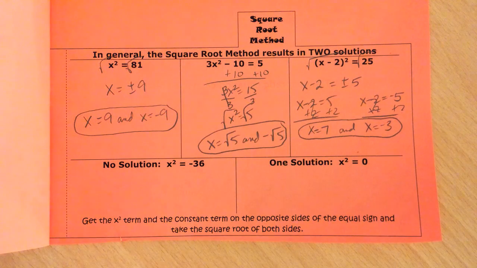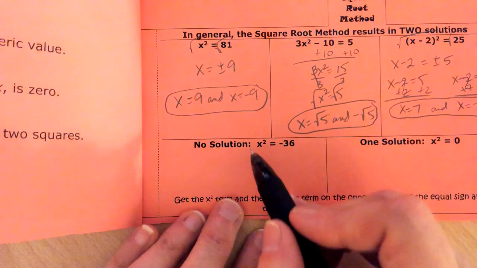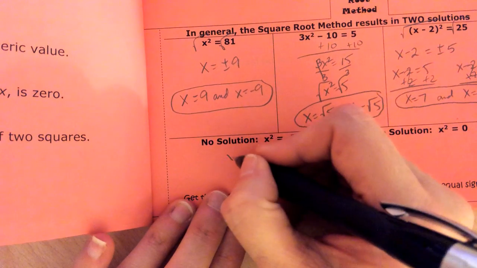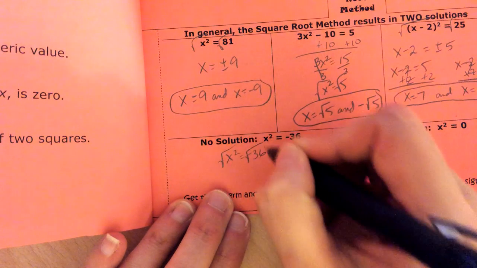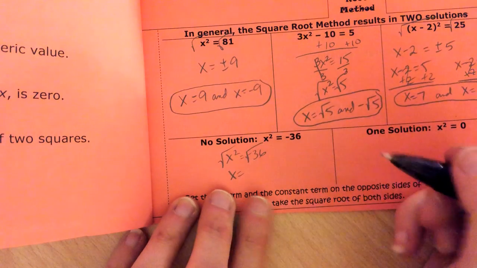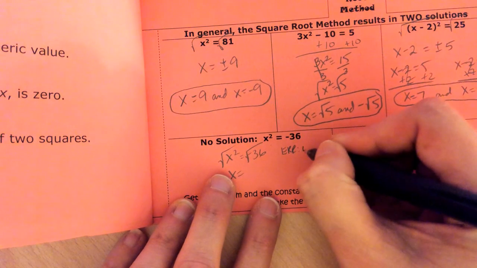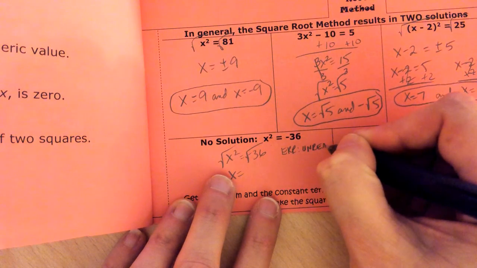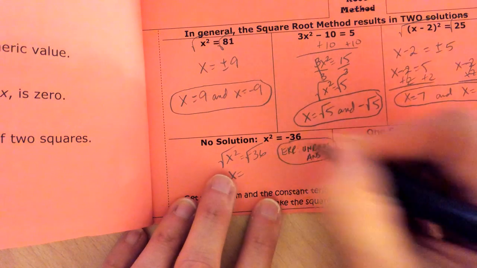Okay? Now let me show you the two situations where you might have no solution. Okay, so for this one, no solution. Over here, if I have x squared equals negative 36, when I take the square root of both sides, I get an error. My calculator actually says error, unreal answer. That's what my calculator is going to tell me.